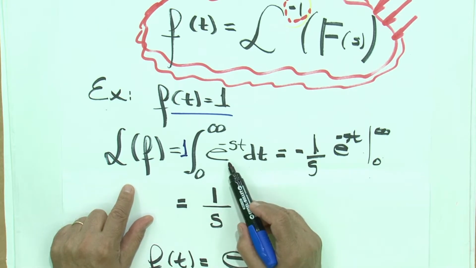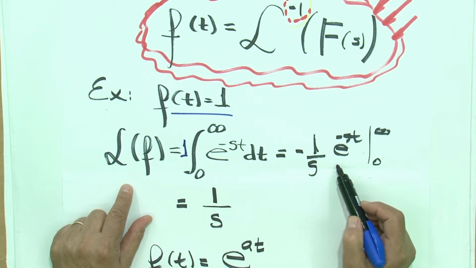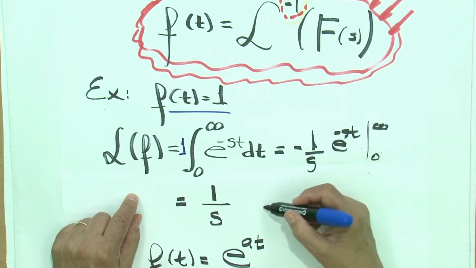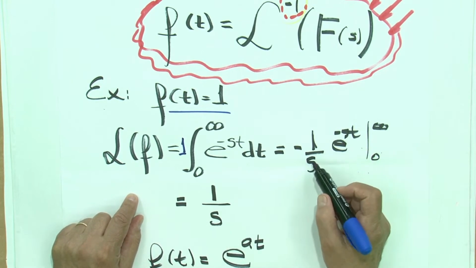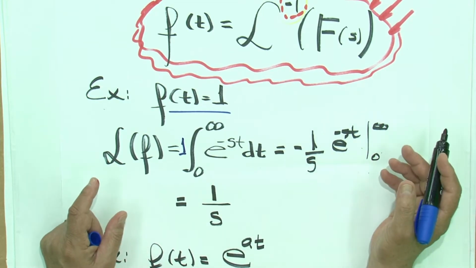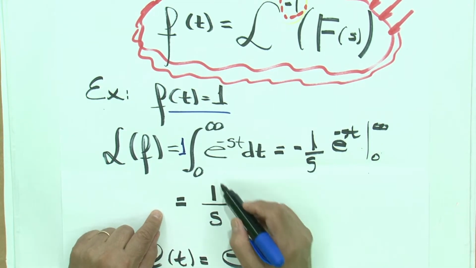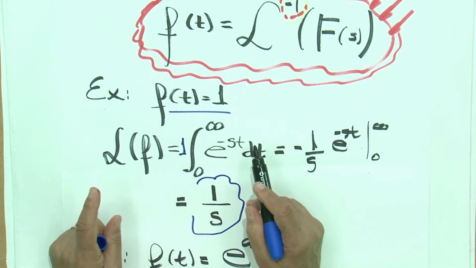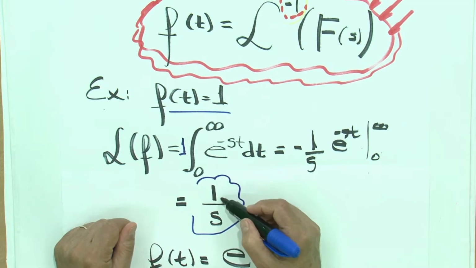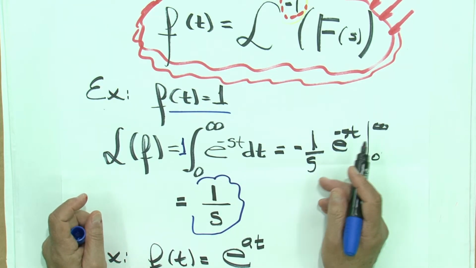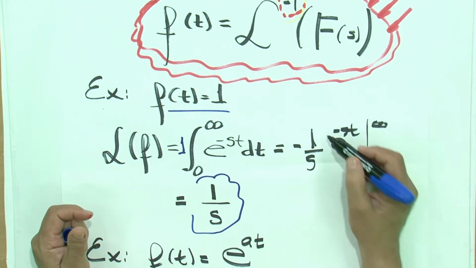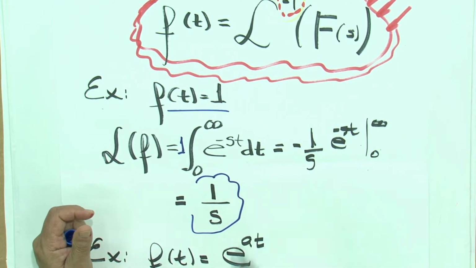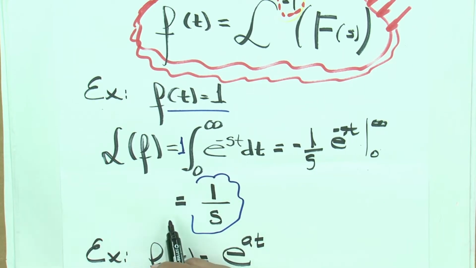Everybody knows that the integral of an exponential is the exponential, from 0 to infinity, and at infinity, if s is positive, it is 0. So I end up with a minus, because there is a minus here, right? And then this ends up being 1 over s. So the transform of a constant is 1 over s, or the constant divided by s, because if I had put 10 here, everything would be 10, right?